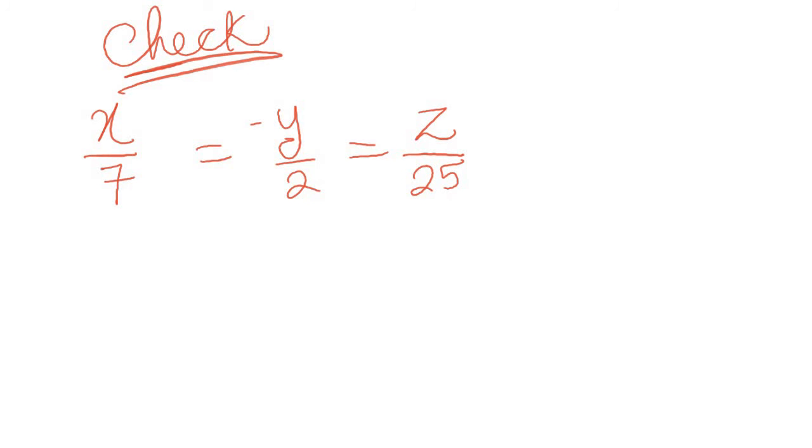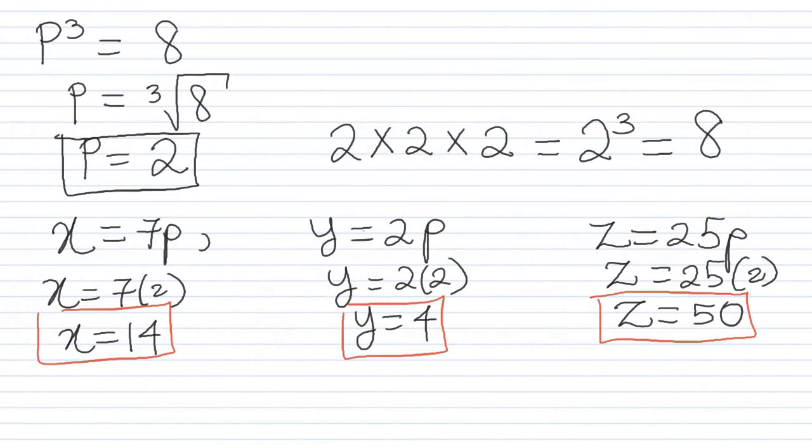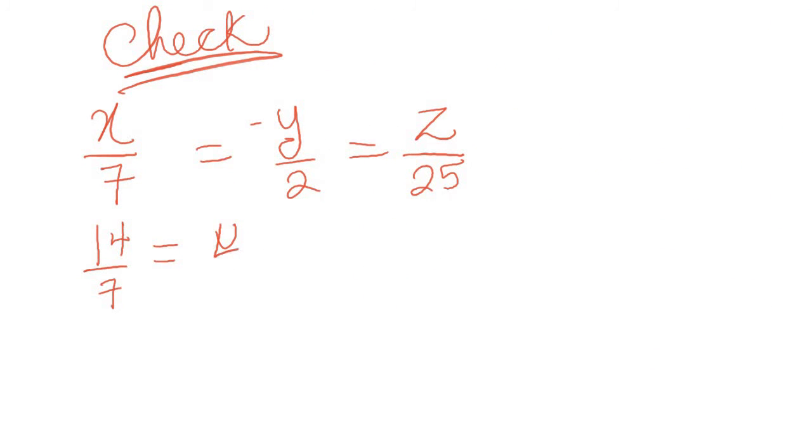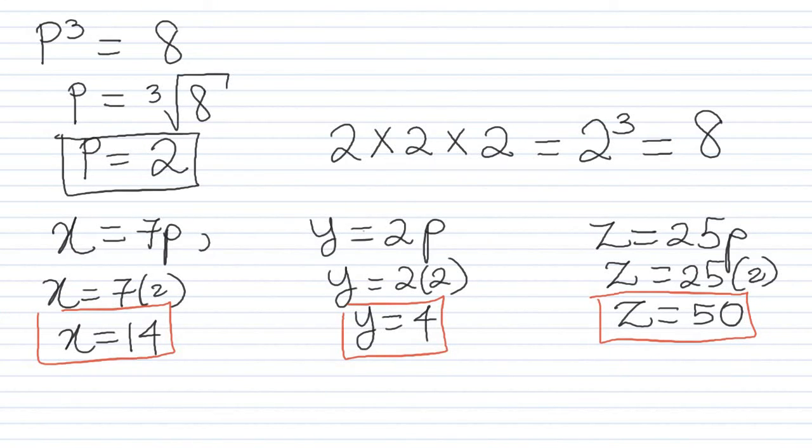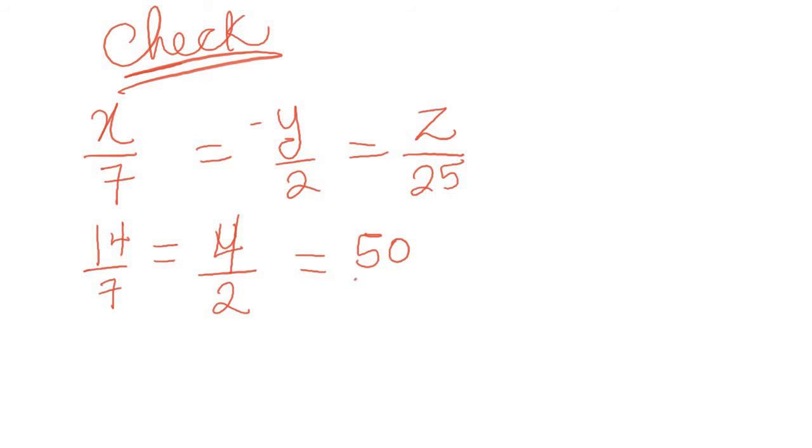We know the value of x to be 14, so that will be 14 divided by 7 equals, y is 4, so 4 divided by 2, and z is 50, so 50 divided by 2. So 7 and 14 is 2, 2 and 4 is 2, and 25 and 50 is 2. So therefore the answer is correct.